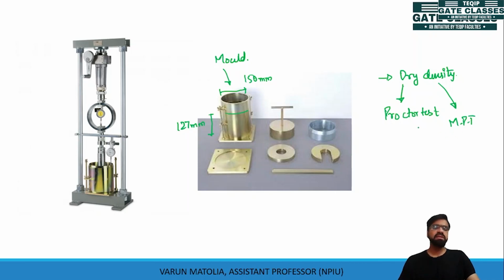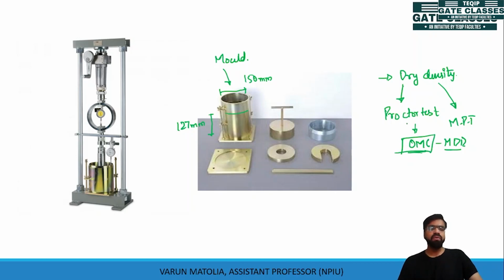Through these tests, we calculate the optimum moisture content and the maximum dry density. Optimum moisture content is that moisture content which helps us to attain the maximum dry density. So we will do the Proctor test and calculate the OMC value.